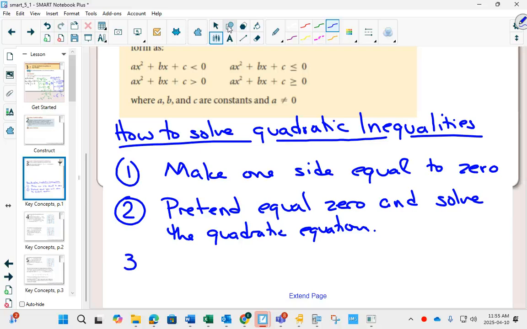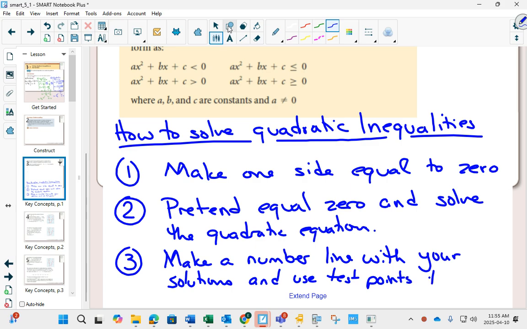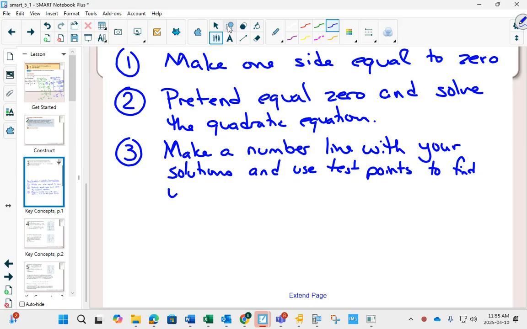The new step is step number 3. In step number 3, we are going to make a number line with your solutions or your x-intercepts and we're going to use test points to find where it is true and false.